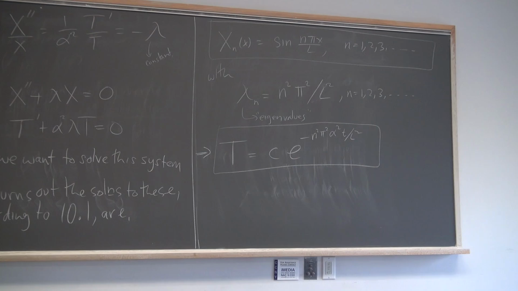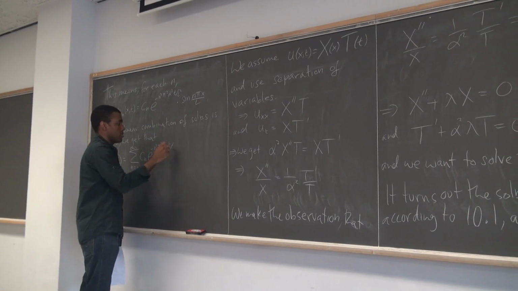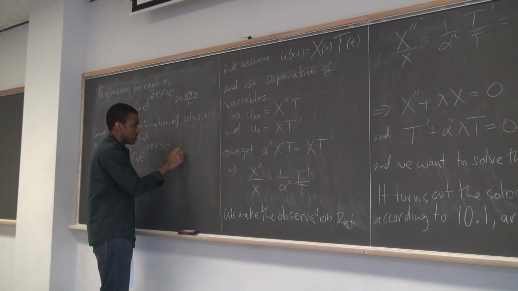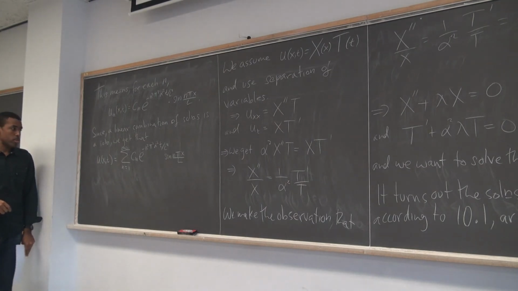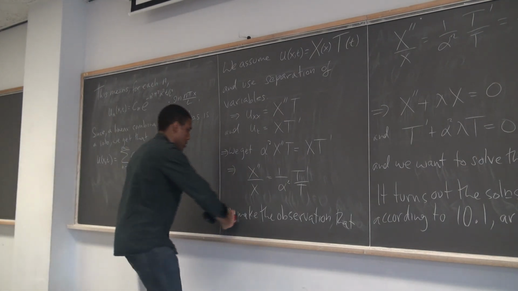An infinite amount, right? Counting from n equals 1 up to infinity. So a linear combination here will actually be an infinite series. So it has to be the case that our u of x,t looks like that if we make this assumption.